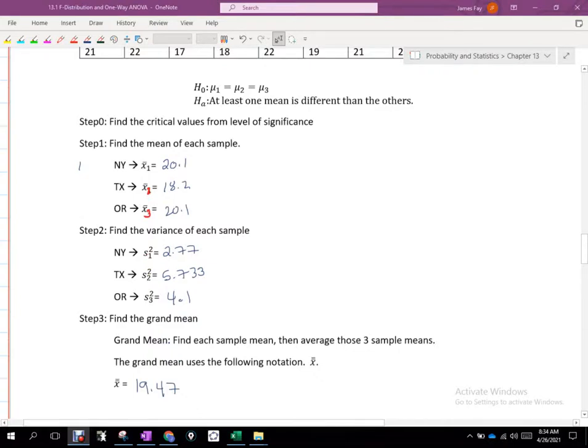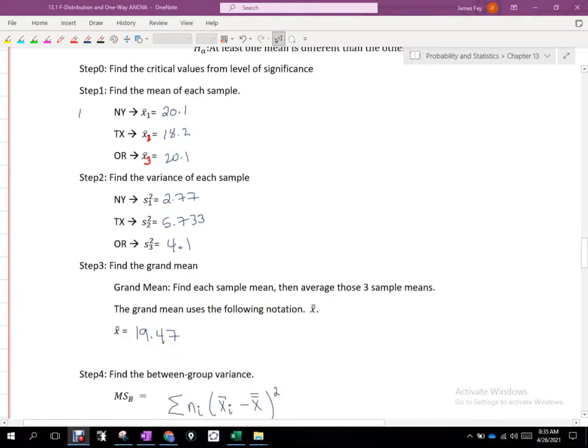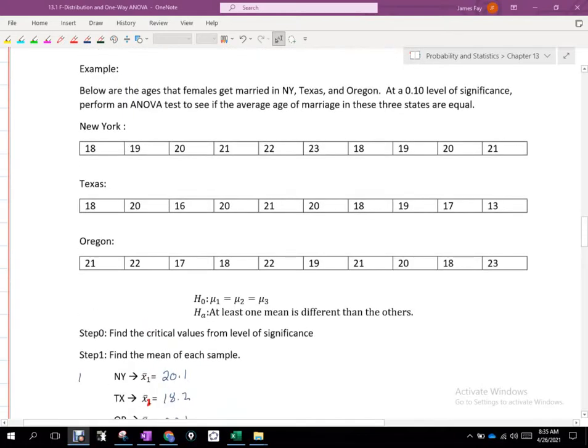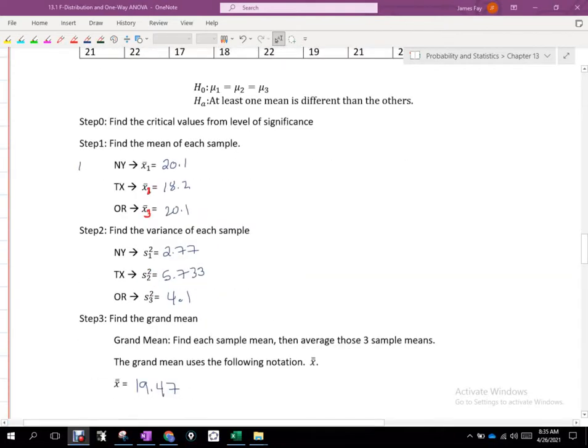Step 2 is to find the variance of each sample, so we get those 3 values there. Then step 3 was to find what we call the grand mean, which is the mean of the means here. Or you could take all 3 of these 10 data points, add those 10 together, add those 10 together, add those 10 together, and divide that sum by 30, and that provides you the grand mean.